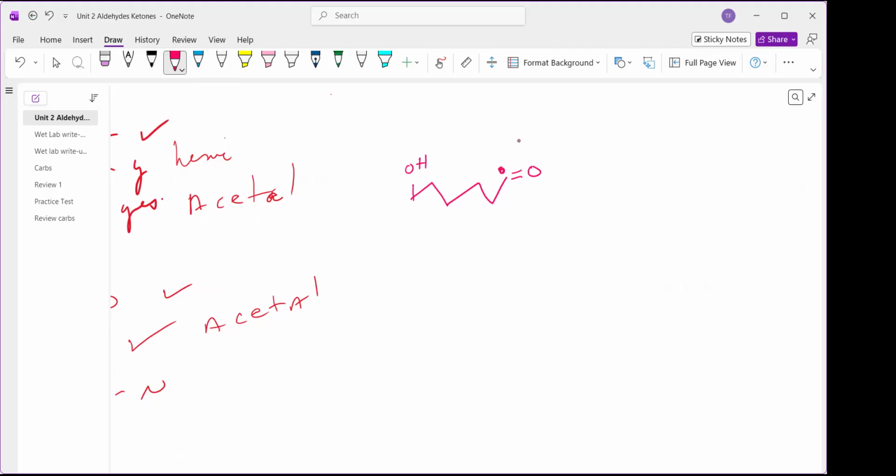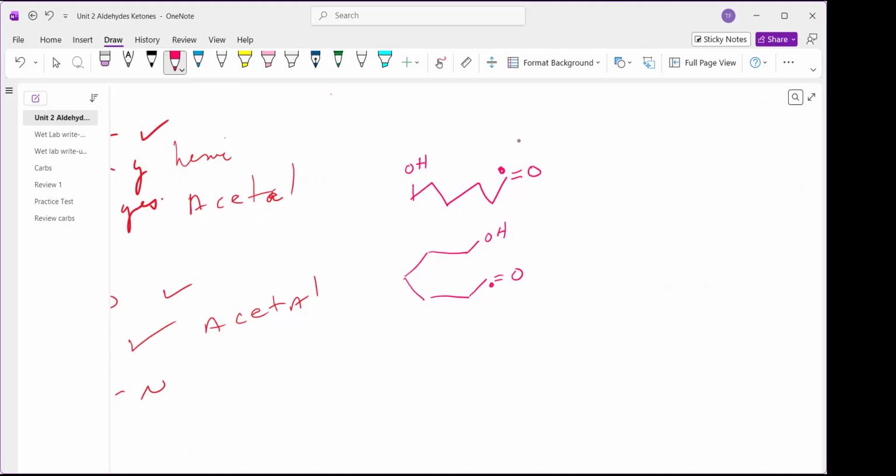And this tail now is going to attach to itself. Remember, the single bonds can freely turn. So now we have an aldehyde and an alcohol reaction, all in the same molecule.